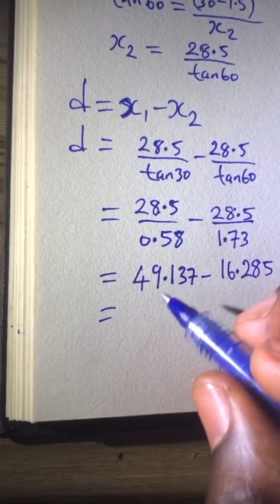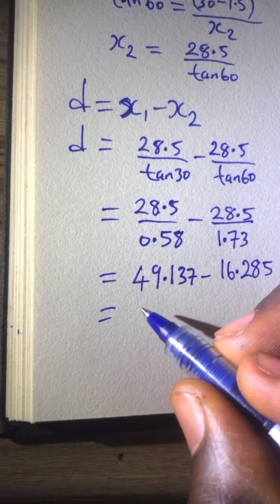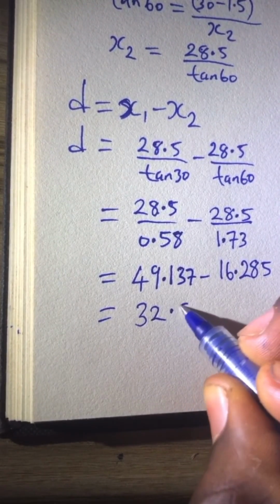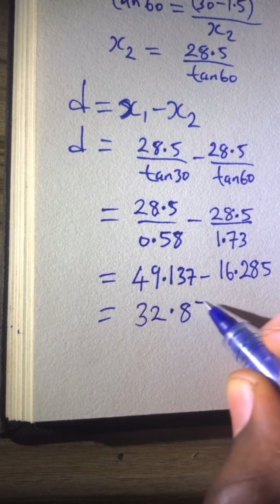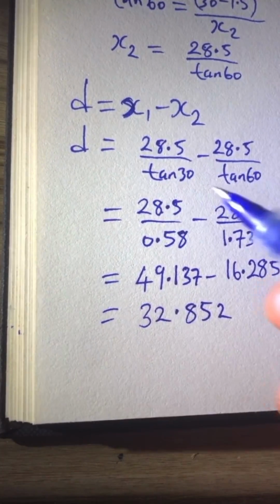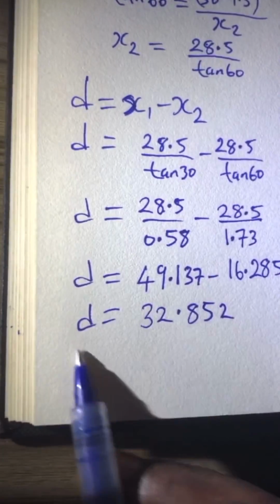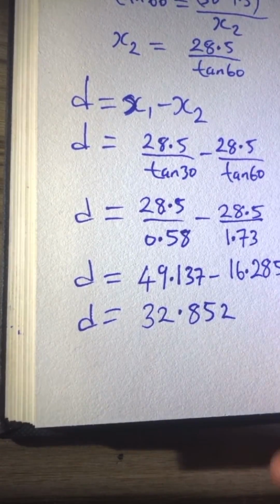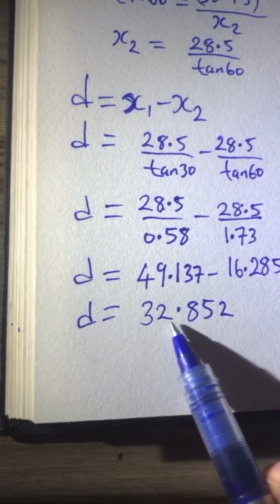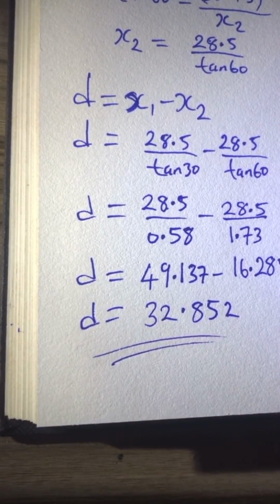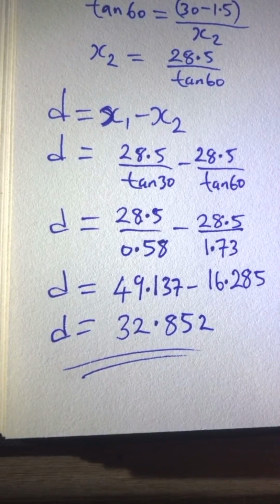This implies that our D is equal to 32.852 units. D is equal to 32.852 units. This is our final answer.